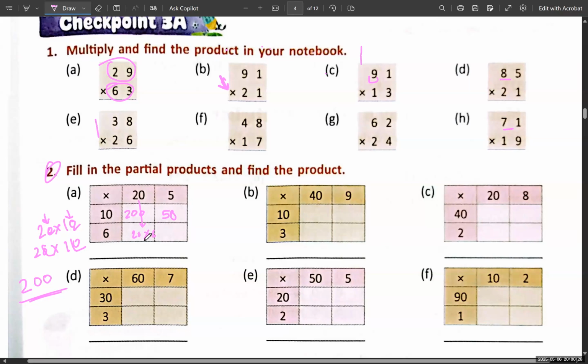So 20 times 6. How much will that be? If you cancel the zero, 2 times 6 is 12, and putting the 0, the answer will be 120. Yes, correct.